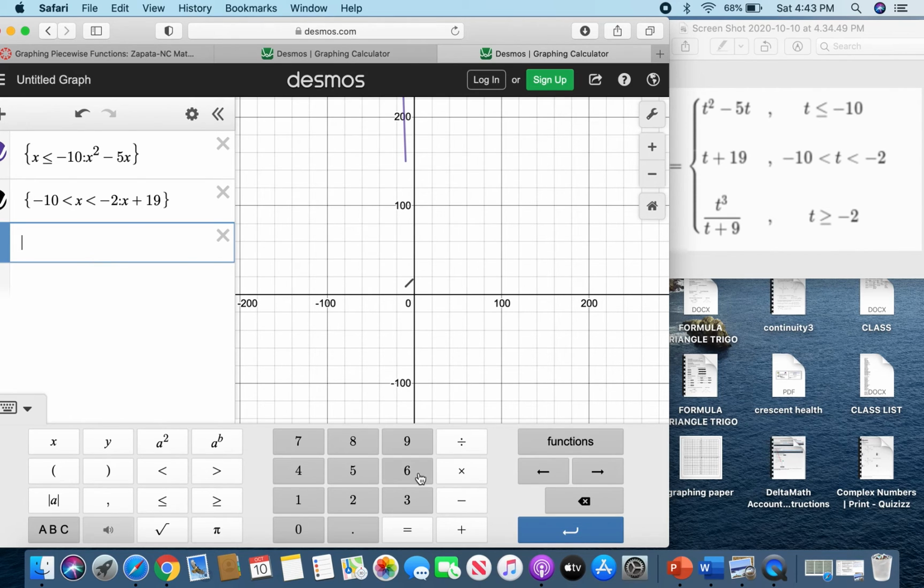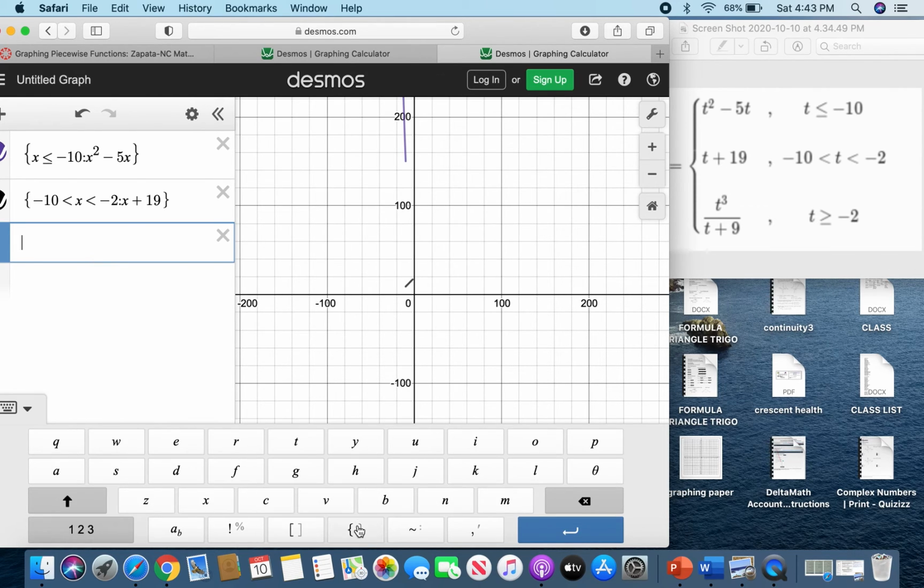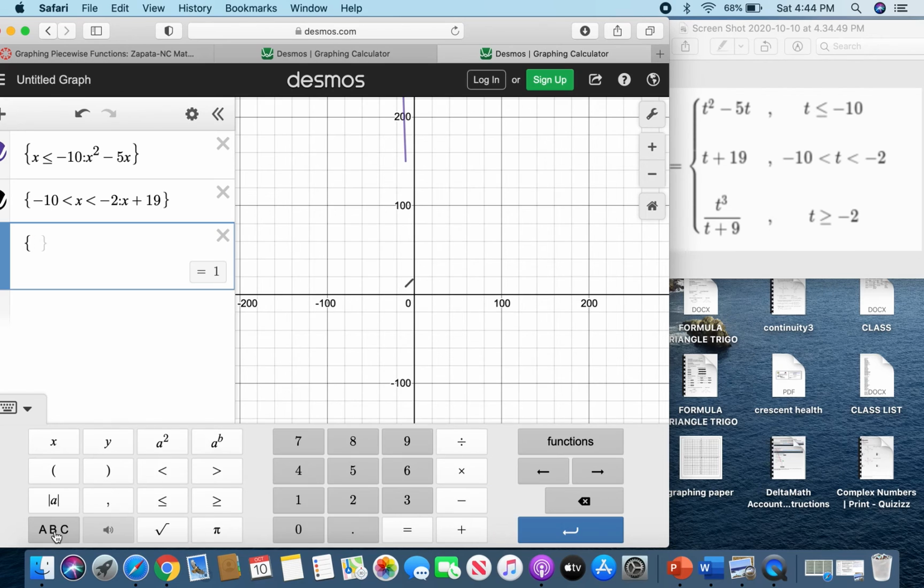And then you have t squared, so you have x squared. You have to write first the condition: t or x is greater than or equal to negative 2, colon, and then t squared, that's x squared, divided by x plus 9.